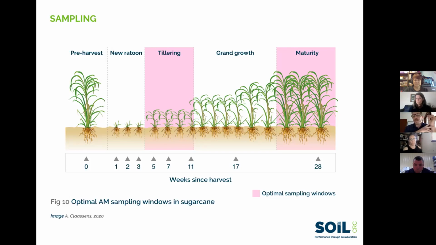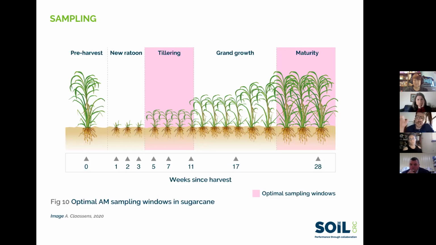This tillering window is really when you want to sample your sugarcane crop. This will be slightly different for other crops, but I don't assume it will be enormously different. Right before a crop goes into, say, an exponential growth phase, you're looking at the maximum amount of photosynthate delivery into the rhizosphere by the host plant.